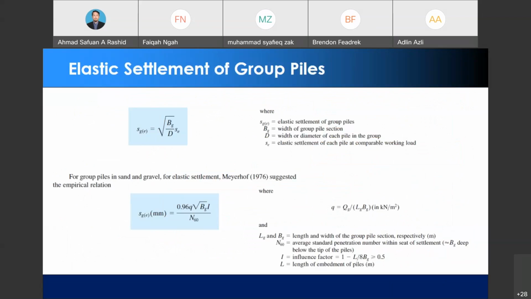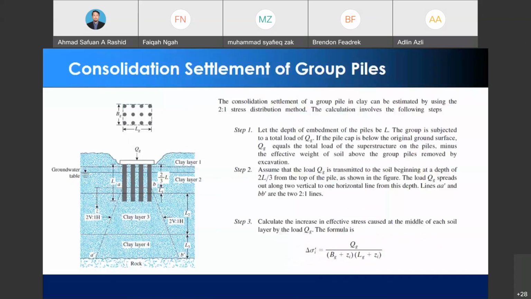Then we may have a further discussion if you have a problem getting the value. If it is a floating type, or what we call skin friction, you need to use this approach. I will not go into detail, because we only discuss geotechnics in detail.